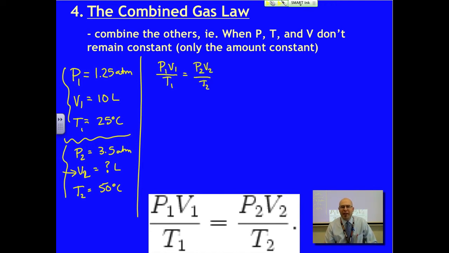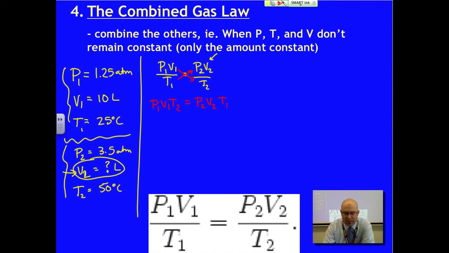Rather than plugging in numbers right now, I'd much rather rewrite the equation for what I'm solving for, which is V2. I want V2 to equal all this other stuff. I'm a big fan of cross multiplying to get it all in one clean line. So P1 V1 T2 equals P2 V2 T1.